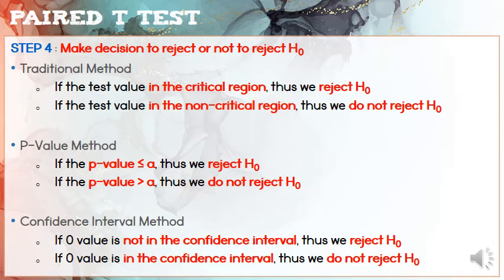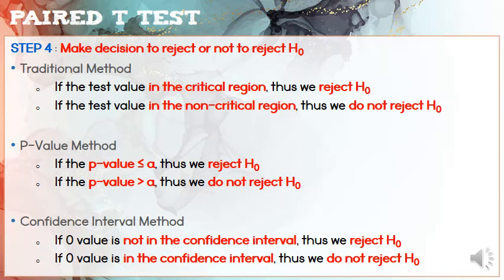Once you already decide which method to use, you can make decision whether to reject or not to reject H0, and the process sama macam sebelum ni. Traditional method, dalam critical region, reject. Tak ada dalam critical region, do not reject. P-value, less than or equal to alpha, reject. Greater than alpha, do not reject.